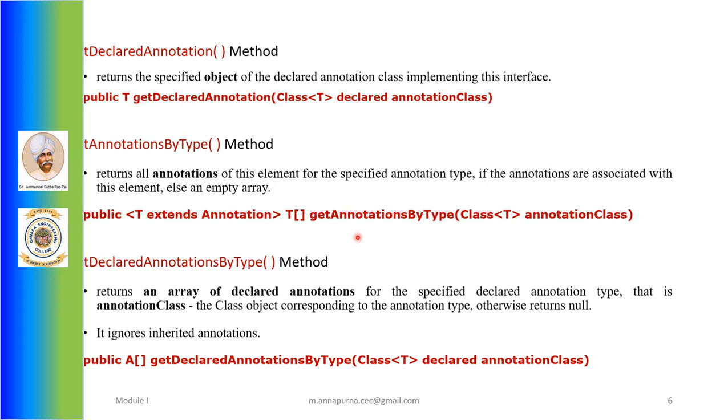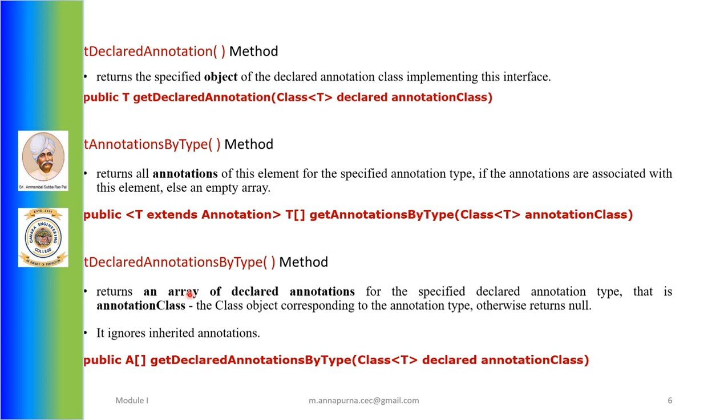That is, if the specified annotation type is present, then all annotations will be returned, that is, a list of annotations will be returned. If at all it is not present, then an array of length 0 will be returned. This method getAnnotationsByType throws a NullPointerException if the given annotation class is null.